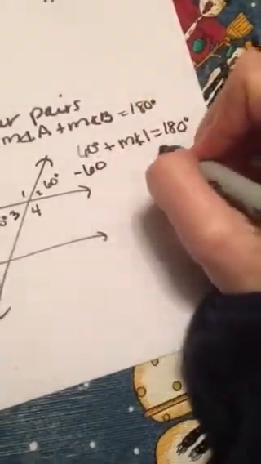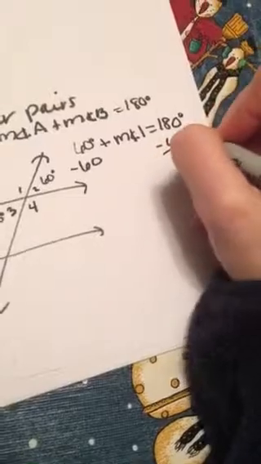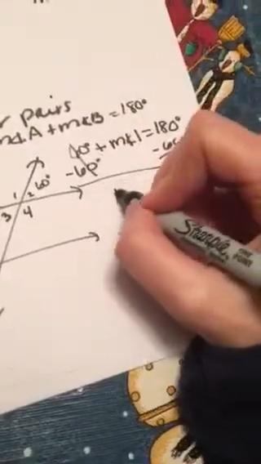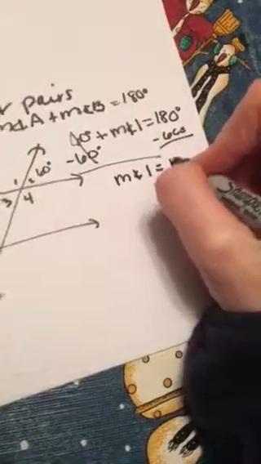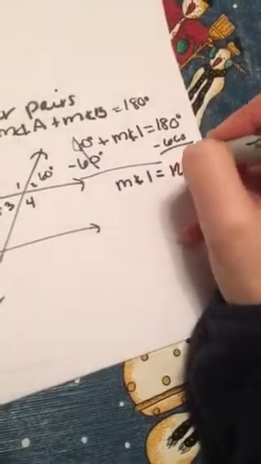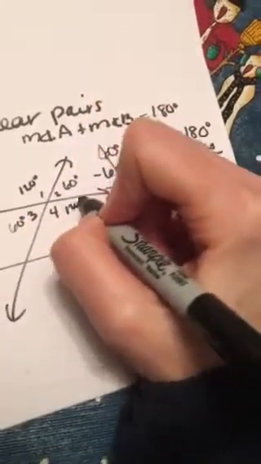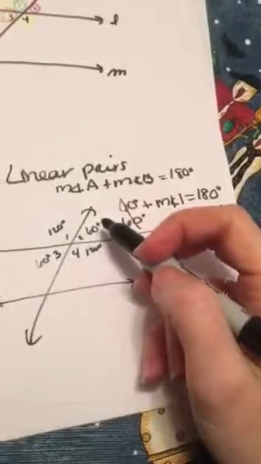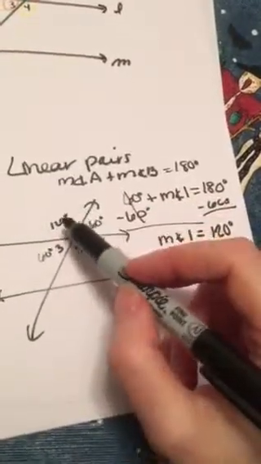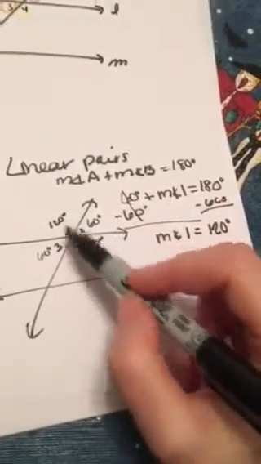Subtract 60 from both sides. The measure of angle 1 equals 120 degrees. All right, and that's how you could use vertical angles and linear pairs to help you figure out the values of these other two angles.